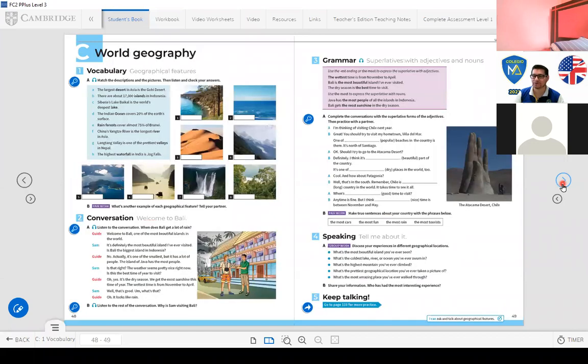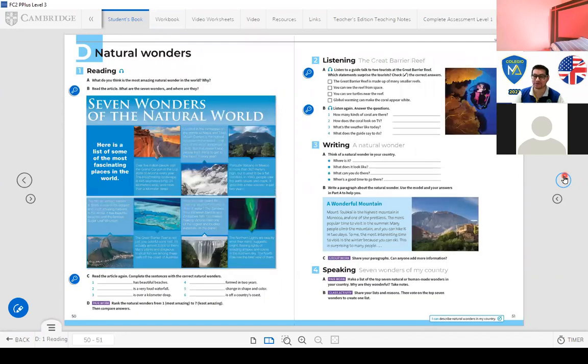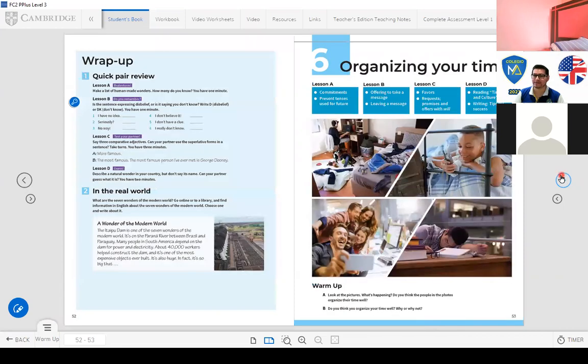Then we learned about world geography, some geographical features like island, desert, waterfall, etc. We also learned the superlative with adjectives and nouns, and the 7 wonders of the natural world. Then we need to wrap up, and now it's time to talk about organizing your time.